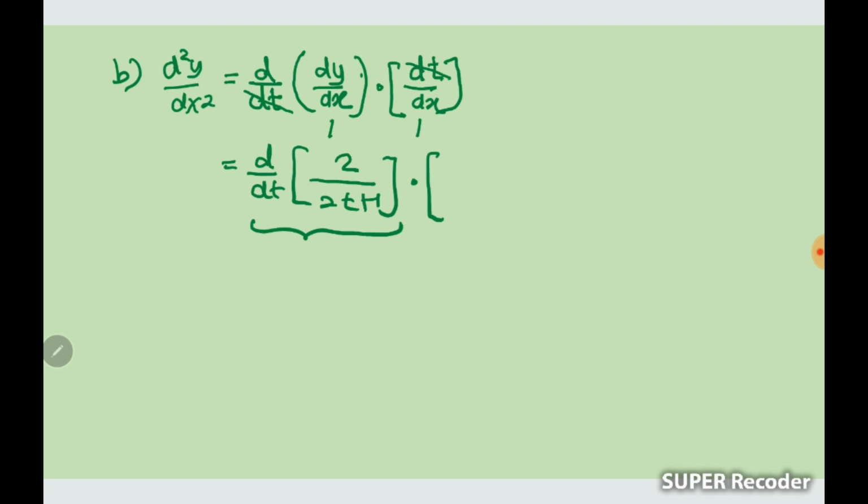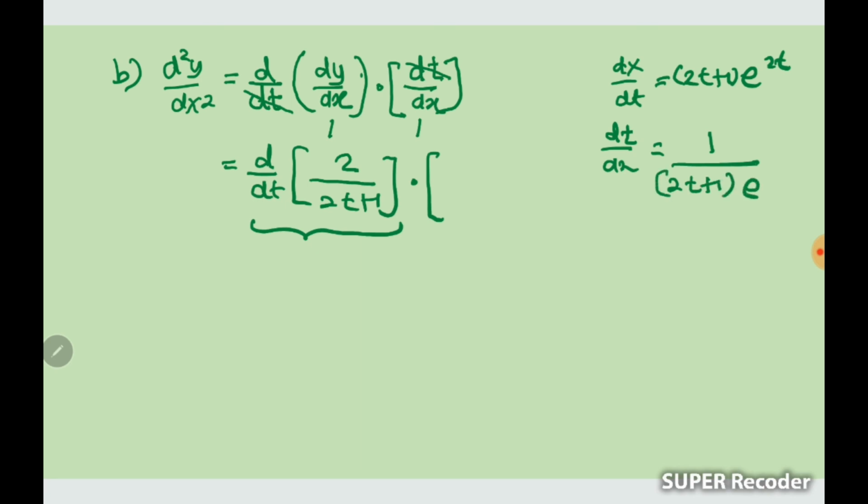So what is dx/dt? dx/dt, our previous result, is equal to (2t plus 1) multiplied with e to the power of 2t. So dt/dx is equal to 1 over (2t plus 1) multiplied with e to the power of 2t.